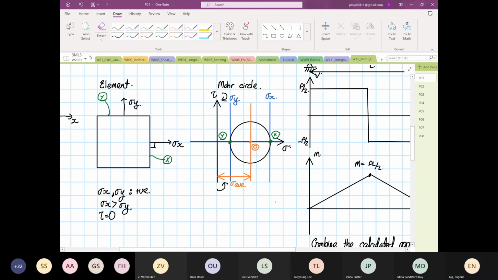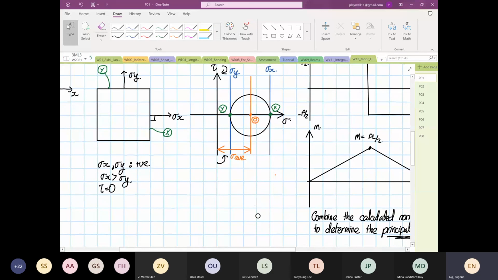What we observe from here is that both stress X and stress Y have magnitude and direction, so it's a vector.